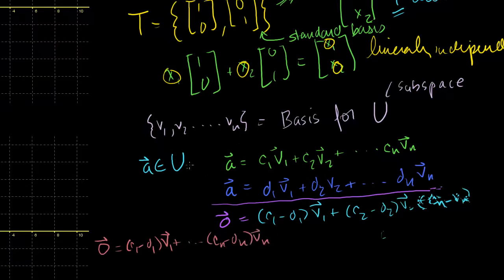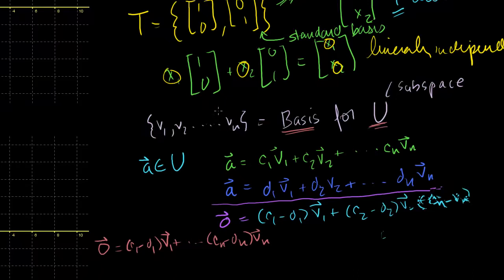Now, I told you that these are a basis. There are two things when you say a basis. It says that the span of these guys is this subspace, and it also tells you that these guys are linearly independent.